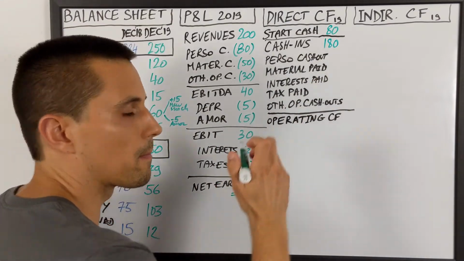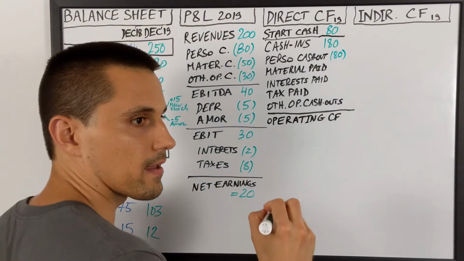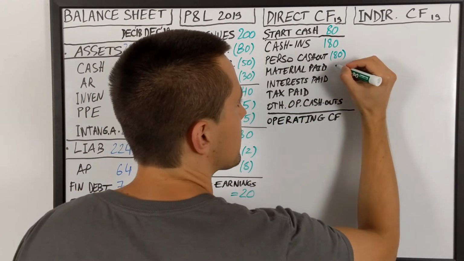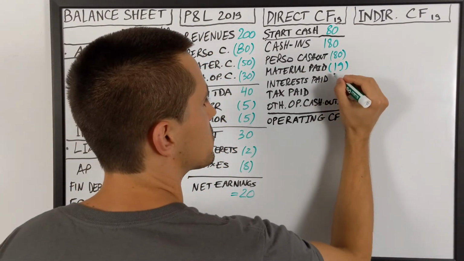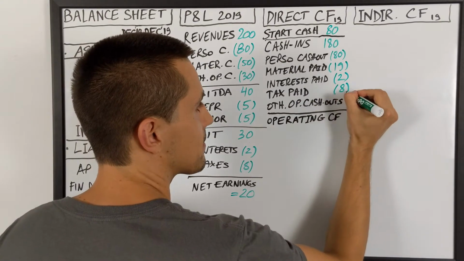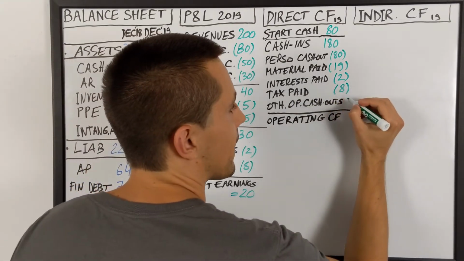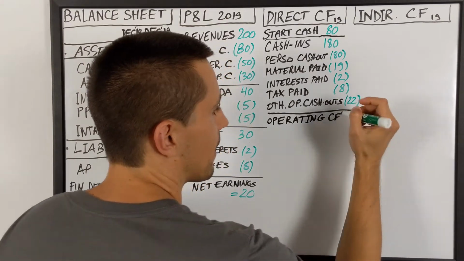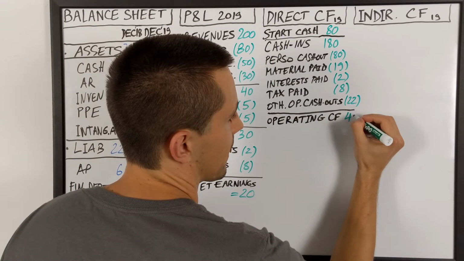So personnel paid was 80, material paid 19, interest paid 2, tax paid minus 8, and other operating cash outs in my model minus 22, leading to an operating cash flow of plus 49.